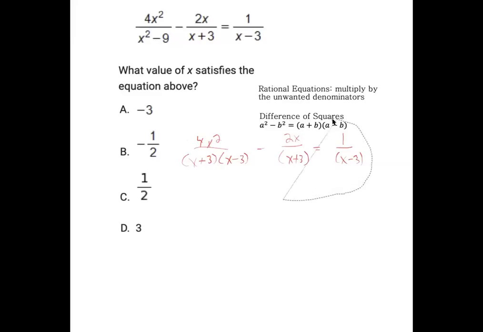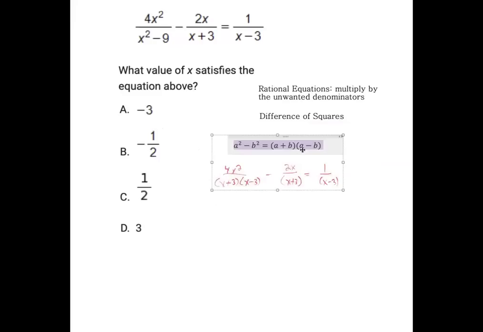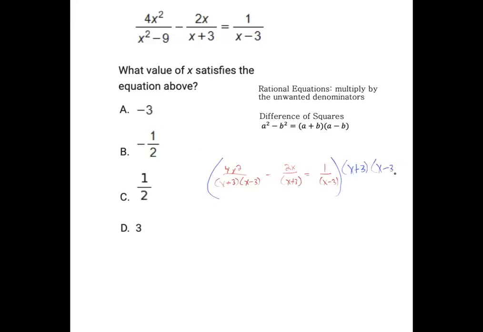Let's shrink this. Okay, so we are going to multiply both sides by x plus 3, x minus 3.